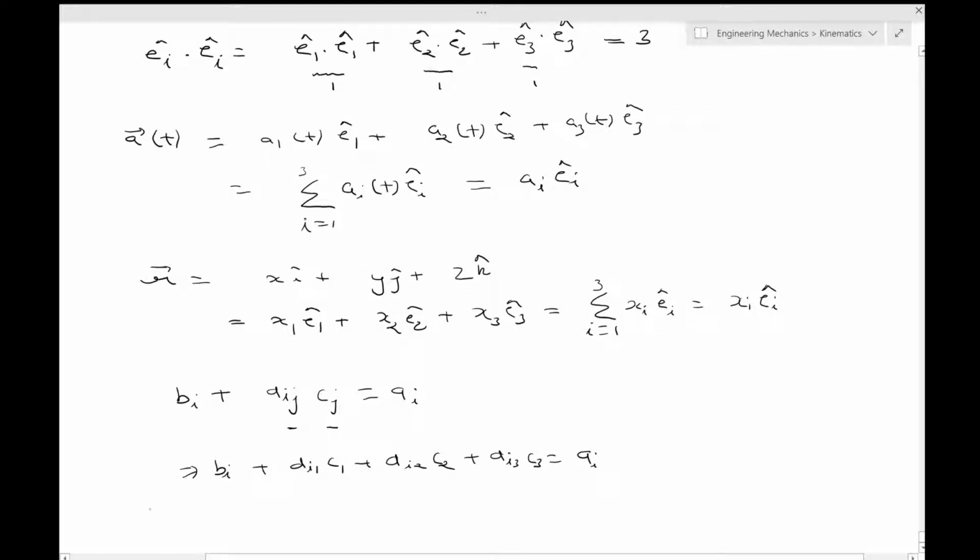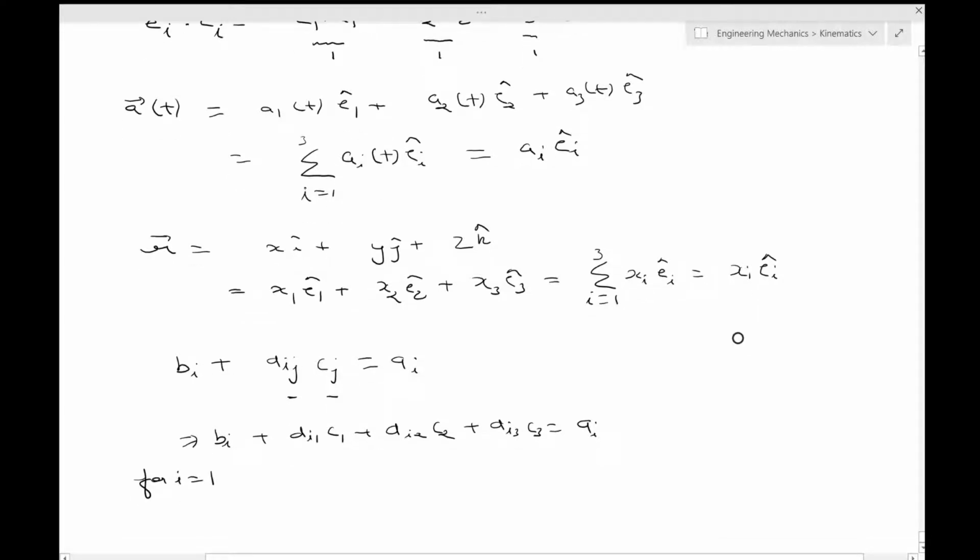So for i equal to 1, this will become b1 plus d11 c1 plus d12 c2 plus d13 c3 equal to a1.